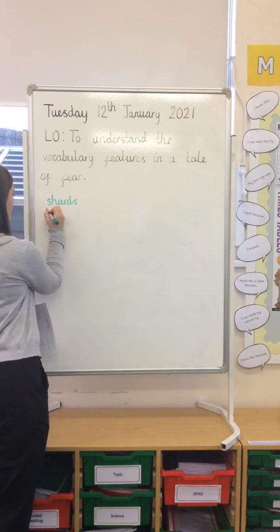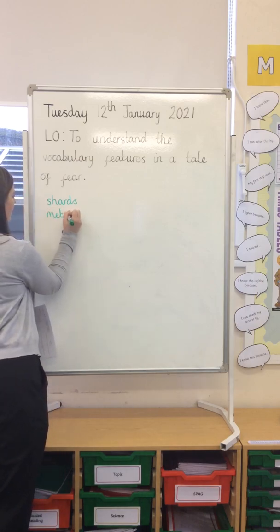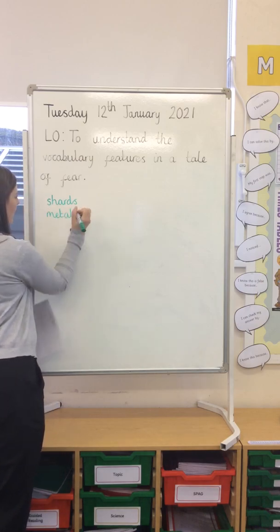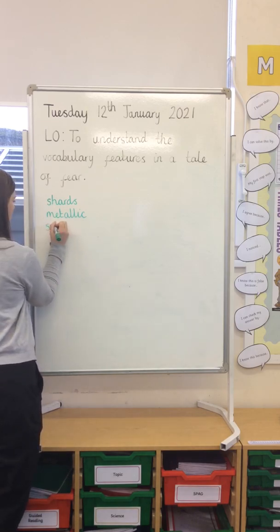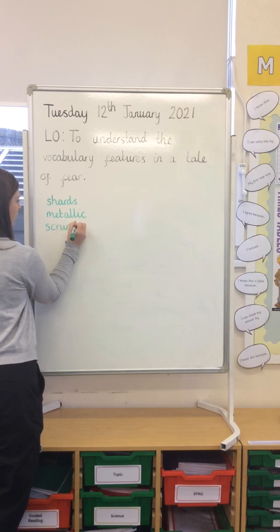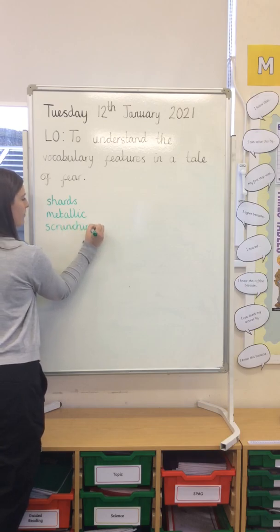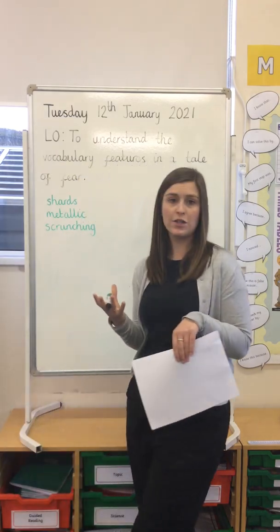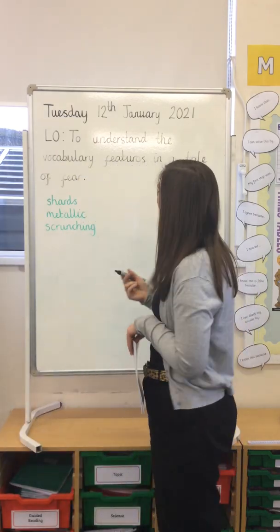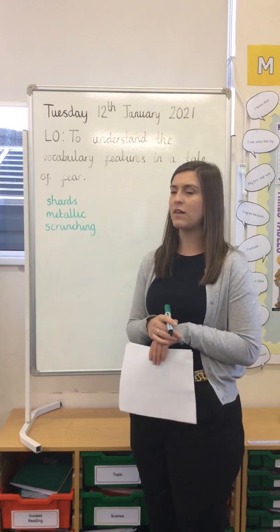I like the word metallic. And also, for this sentence, I might choose scrunching. You might just choose 1 word to put in a sentence, 2 words, 3 words, you don't have to use lots. I think I can make a sentence with these 3 words though.